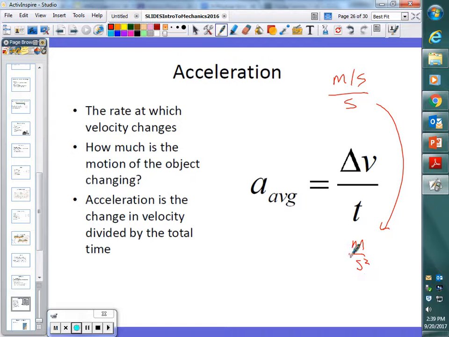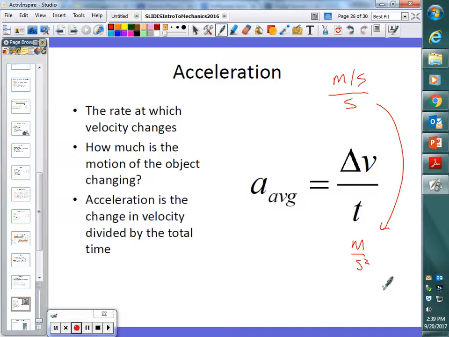This is not a formula. This is a simplified fraction of this one. This one is a description as far as what acceleration tells you. Okay? Meters per second. How much does the velocity change every second? Okay? Good there? All right.